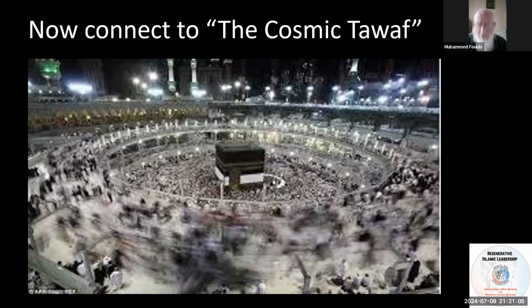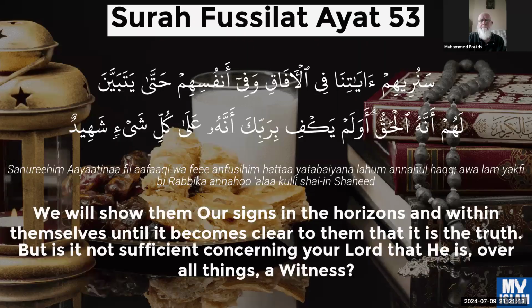And then the last slide. Surah Fussilat, Senurihim ayatina fil ard. That Allah subhanahu wa ta'ala will continue to show the signs on the horizons and within themselves, which connects to, again, Iqra bismi rabbika alladhi khalaq, and how we've explained in the ayat of Surah Alaq.